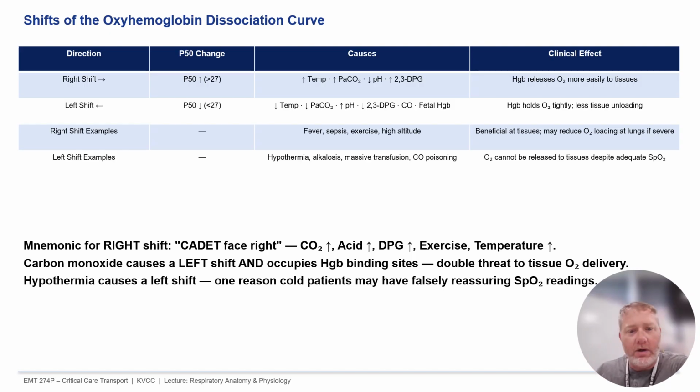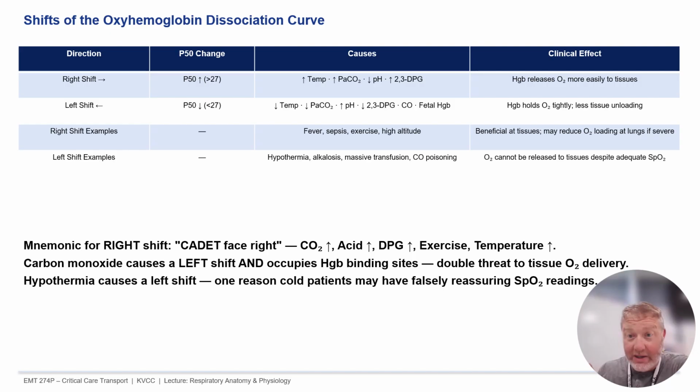As body temperature decreases, that causes a left shift. Carbon monoxide causes a left shift. The left shift is generally unfavorable for tissue oxygen delivery because hemoglobin loads well in the lungs but fails to release it at the tissues.